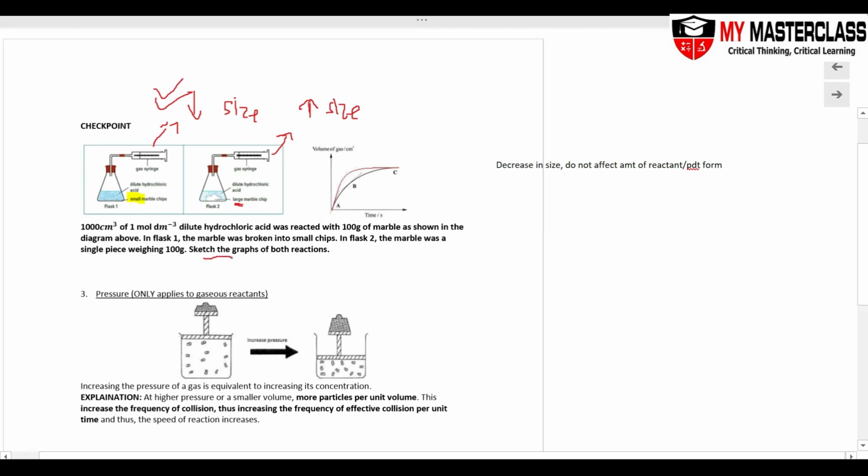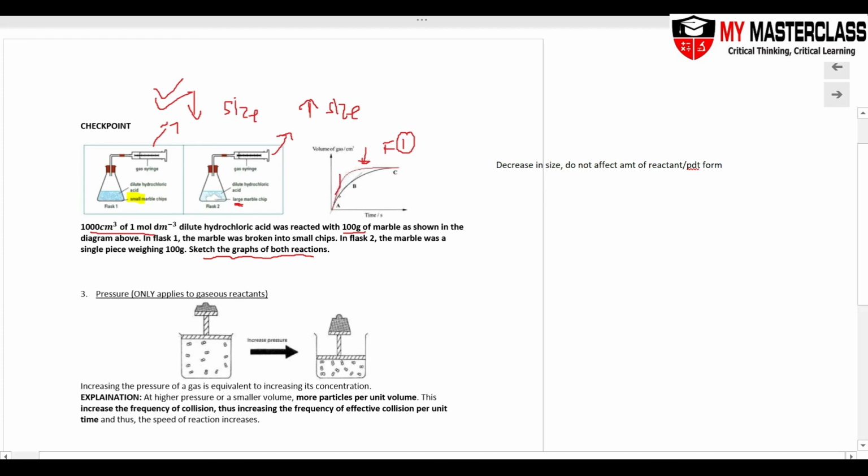The question asks me to sketch the graph of both reactions. I'm using exactly the same concentration with the same mass. The red graph that we see is for flask 1. How do I know it's for flask 1? Look at the gradient.